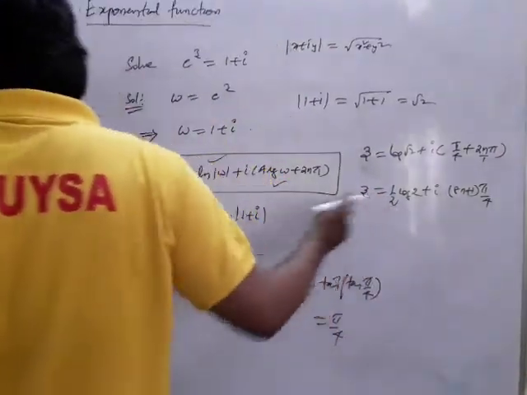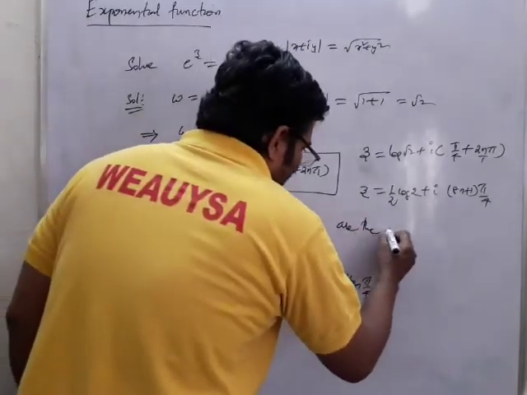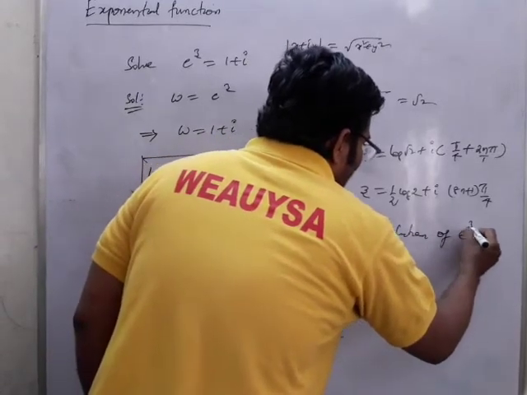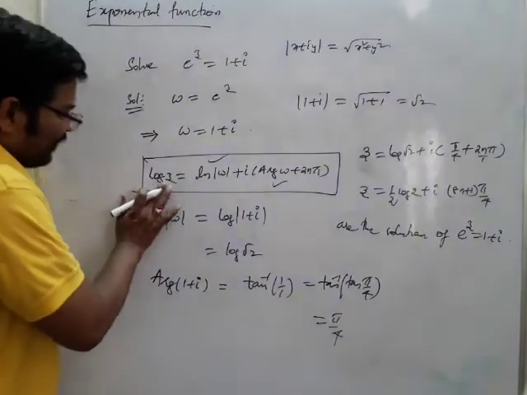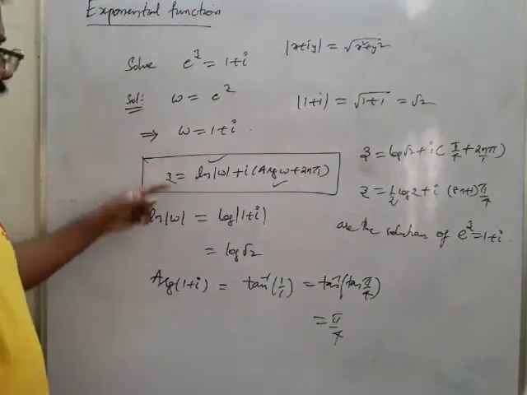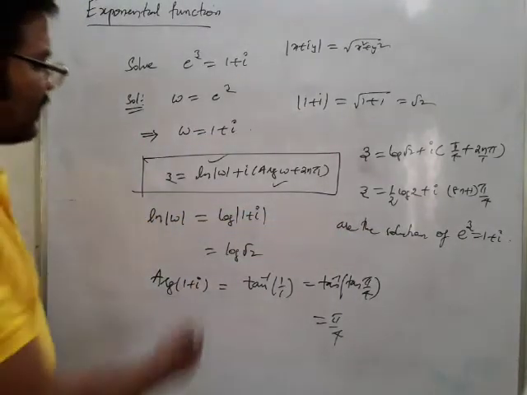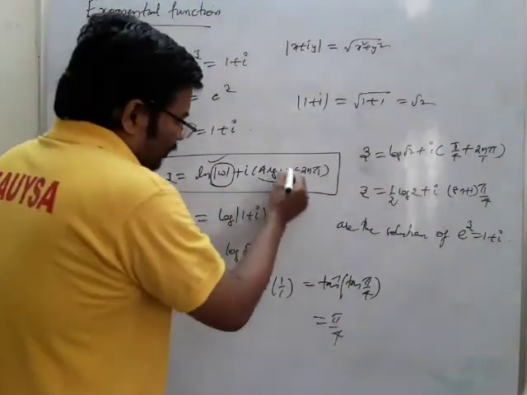Now z you got as this. So therefore these are the solutions of e power z is equal to 1 plus I. You can take log z or z, nothing will happen, both are the same. So first of all you should find out the value of w, and you should find out the value of argument.